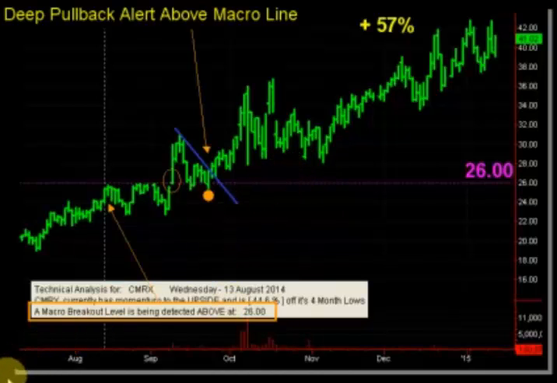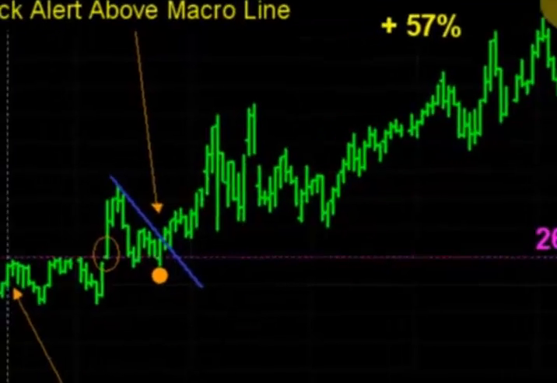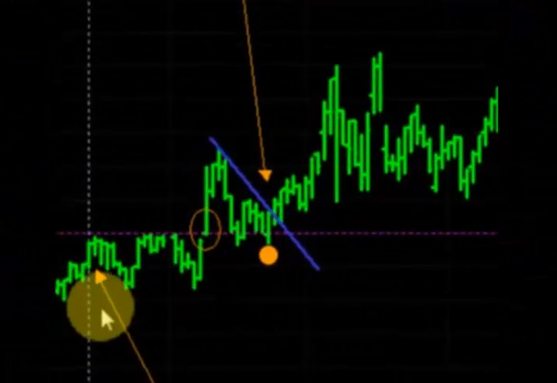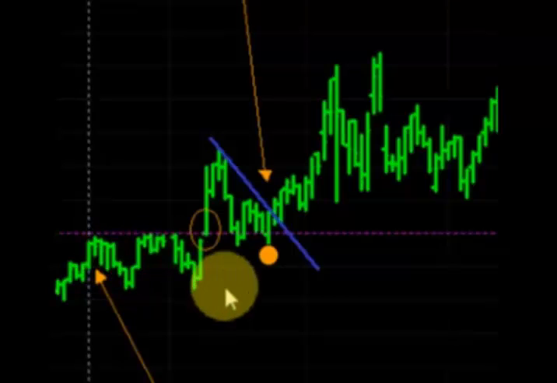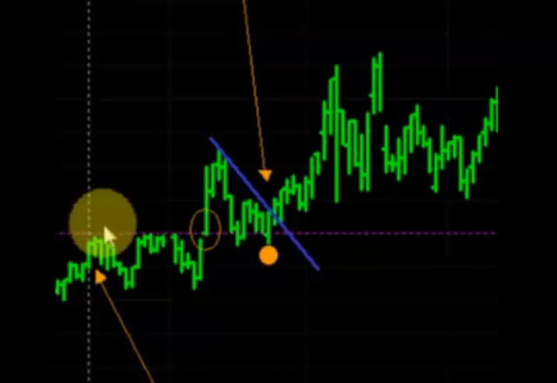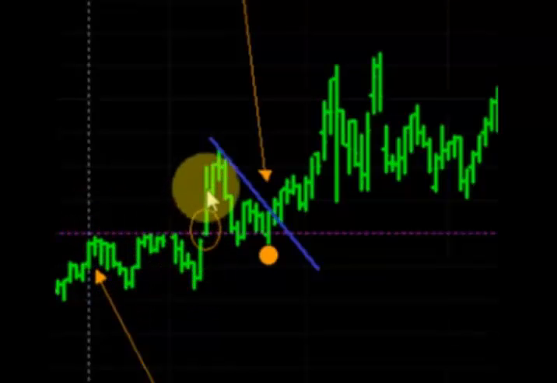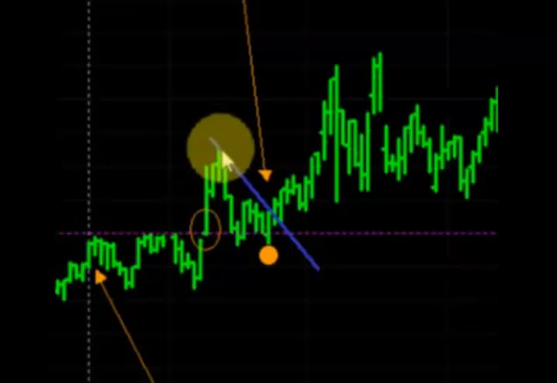Now notice what happened then. Once the stock got above that, so it was detected here, and then the stock clanged around underneath of it for like 3 weeks. Finally broke out, pulled back.